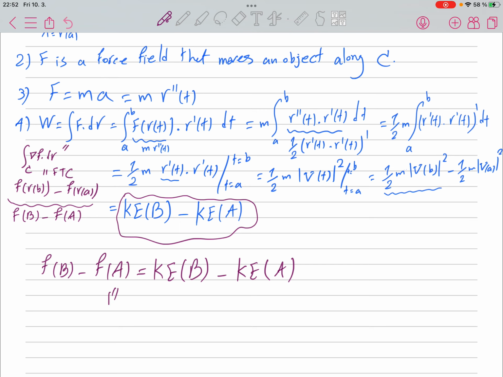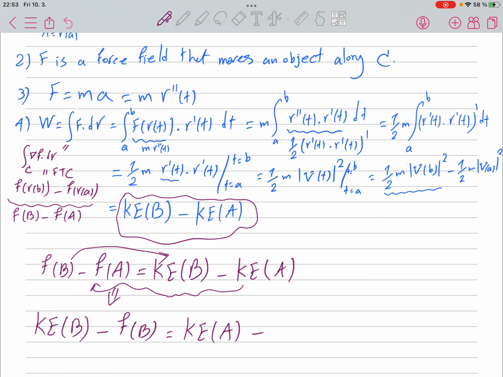Now this implies that, okay, I'm going to shuffle things around. So negative f of b is equal to, and I move the kinetic energy to the other part of this equation, so what I have is the kinetic energy at a minus f of a.